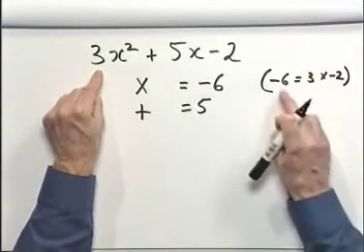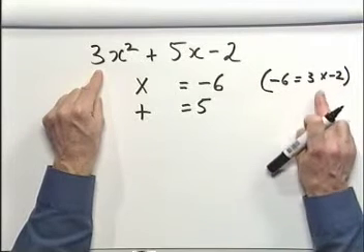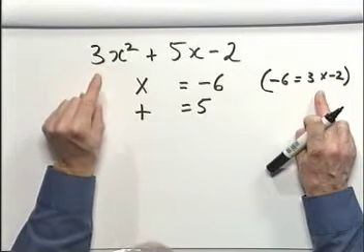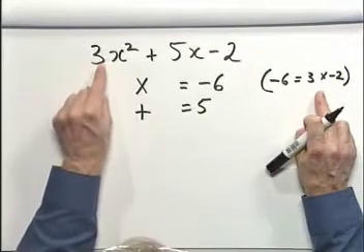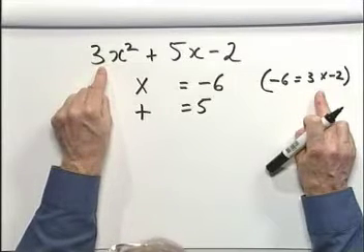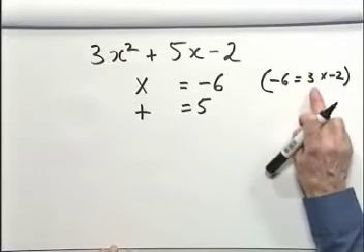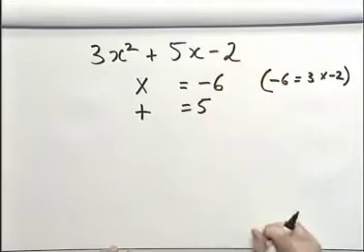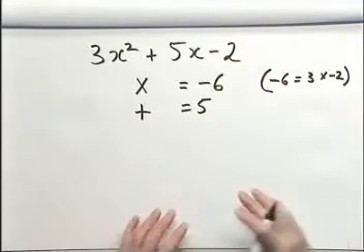And if you think about it, that's actually consistent with what we were doing before, because in the previous examples, this number in front of the x squared had been 1. And so 1 times minus 2 would be the constant term. So we are looking now for two numbers to multiply together to give us minus 6 and add together to give us 5.